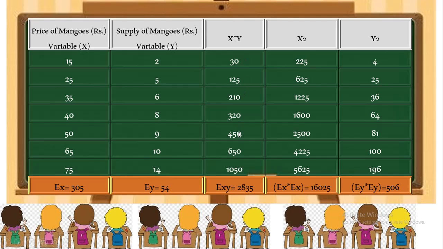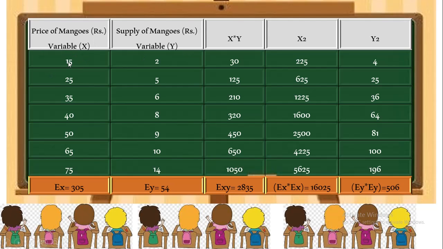By multiplying these x and y variables and making the sum, it becomes sigma xy, and the total is 2835.